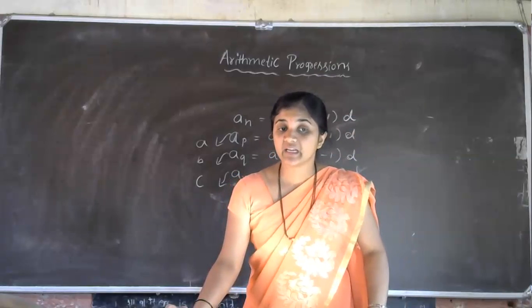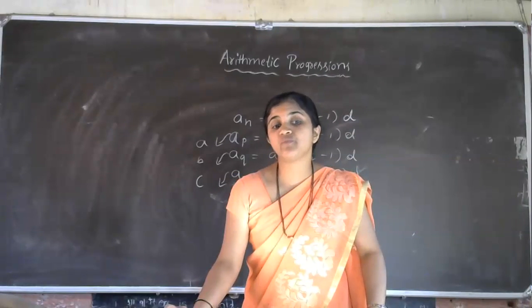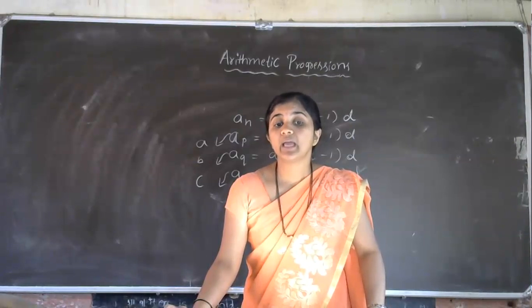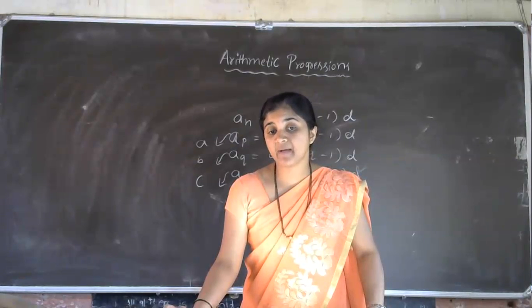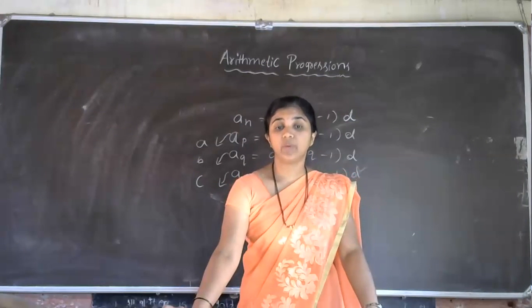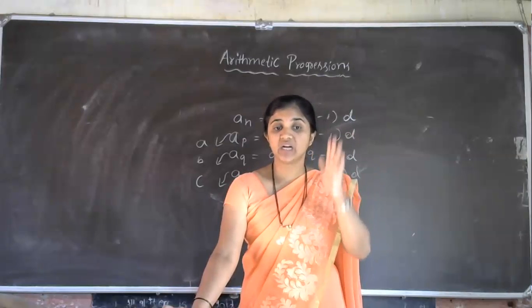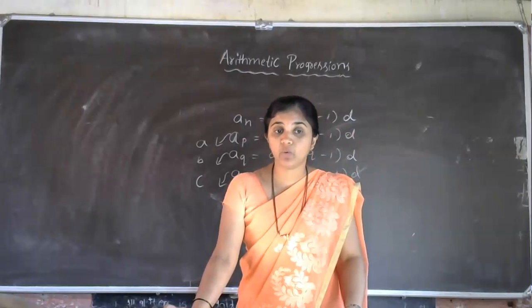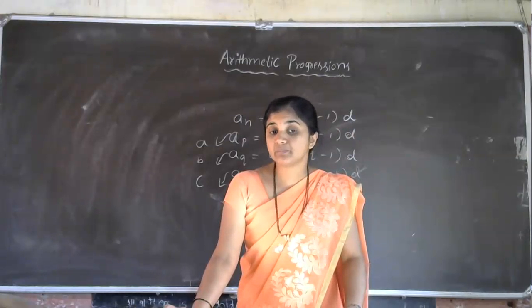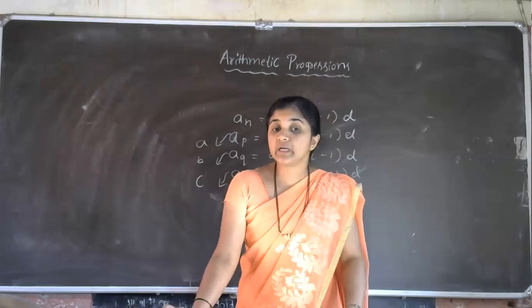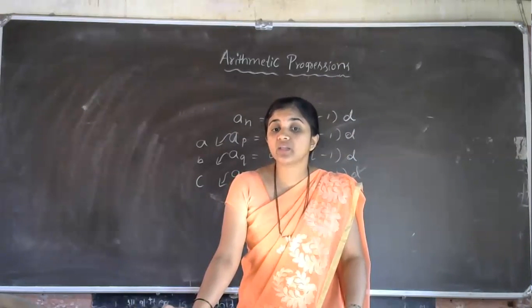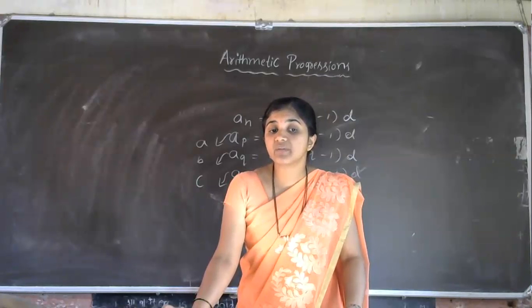So we get A − B = a + dp − a − dq + d. Then you will get A − B = d(p − q). We got the result. This result we name equation number 4.